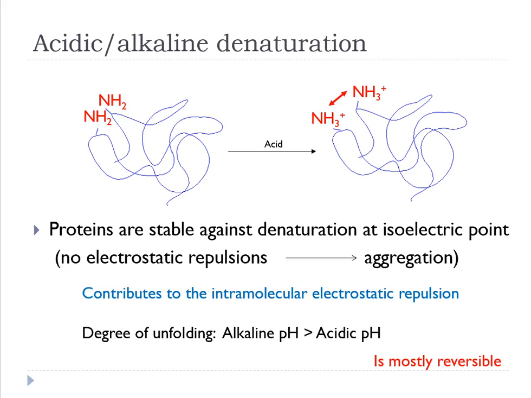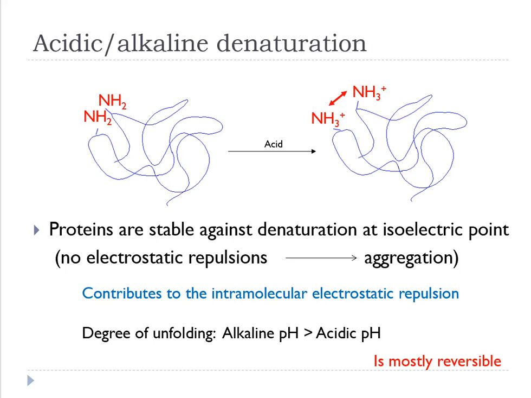It might be positive or negative, below or above isoelectric point. And this situation can favor protein denaturation because the like charges on the chain repel one another. This favors expansion of the folded protein structure. Protein becomes unfolded and denatured.